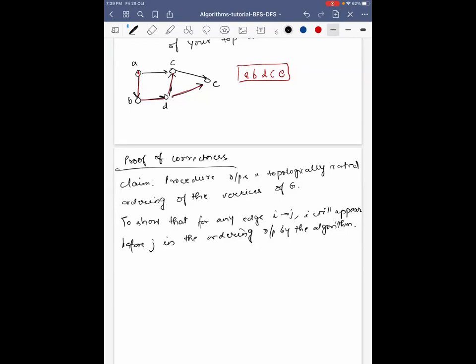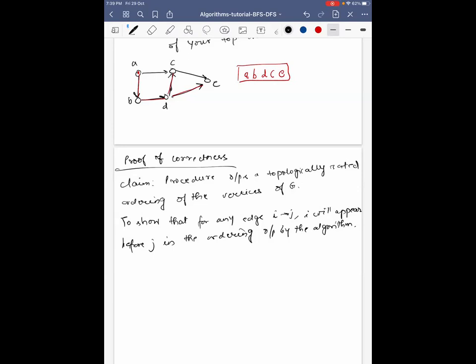Okay. So what you're saying is correct if DFS visits I first. But it is also possible that DFS might visit J first. In that case, DFS cannot visit I from J because the graph is acyclic. Yeah, it cannot visit I from J. That's correct.